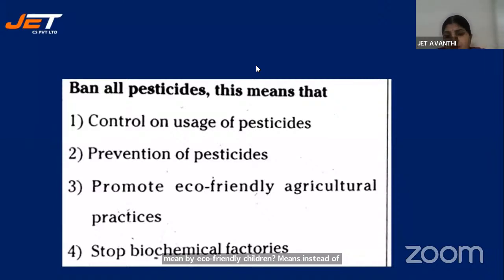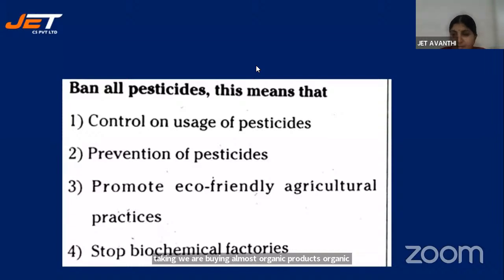Means instead of using these chemicals, we can go for crop rotation. We can go for manuring. Instead of adding these chemicals, we can go without use of any chemicals. Children, nowadays everyone has become health conscious because we are buying organic products, organic farming.